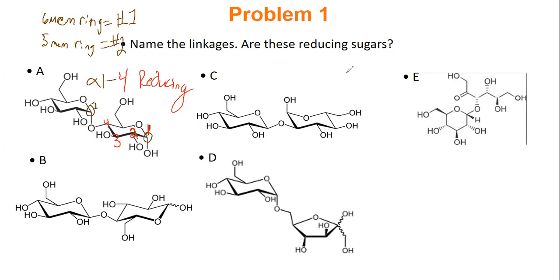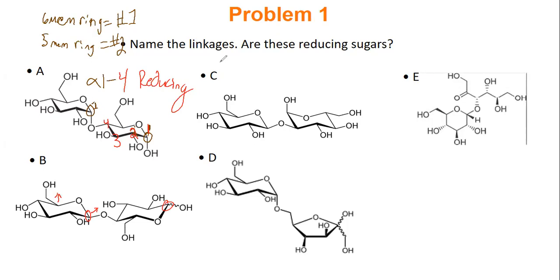So B, let me just find my anomeric carbons. Anomeric, and that's going to be another anomeric. Right, so pointed up. So that's beta 1. So they're pointing in the same direction. If it was pointed down, it would be like straight down, like we have in A. But it's pointed to the side, so the side means up.